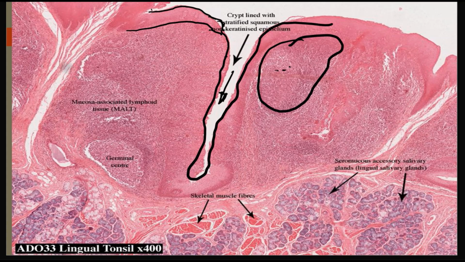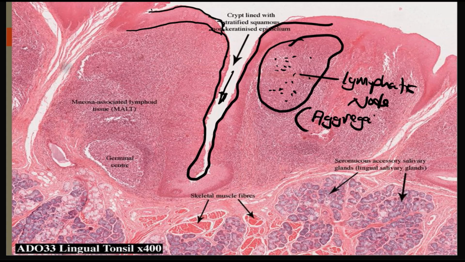This lymphatic nodule has a lot of cells, which are aggregates of lymphocytes.